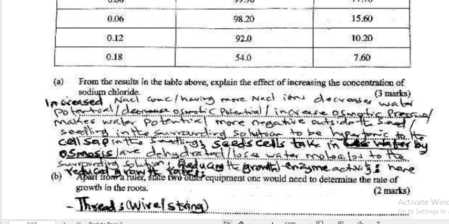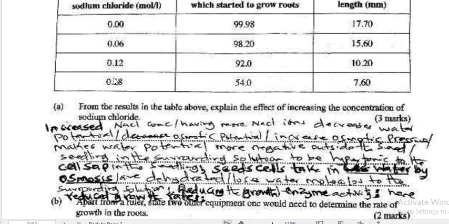Part A: from the results in the table above, explain the effect of increasing concentration of sodium chloride. Increasing concentration of sodium chloride decreases water potential, or in other terms we call it osmotic potential, or you can say increases osmotic pressure.